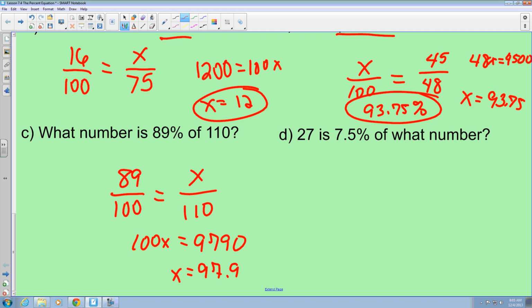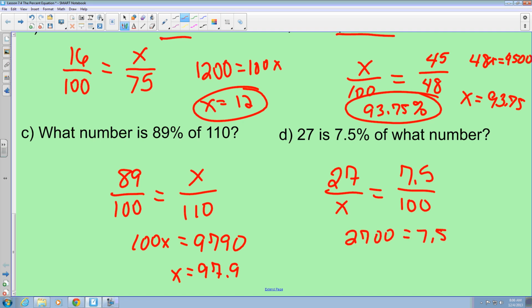And then for example D, they're telling me that 27 is 7.5% of what number? So they don't tell us the whole, so the whole becomes the variable, and this becomes 7.5 over 100. Cross multiply, so I get 2700 equals 7.5x. I divide both sides by 7.5, and x equals 360.